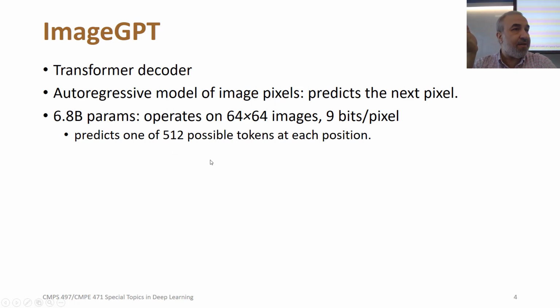In processing text, we have to get the vocabulary set using the tokenizer. Here we don't need any tokenization because we know that the tokens are pixels, and in that specific case, each pixel has one value out of 512 values only.